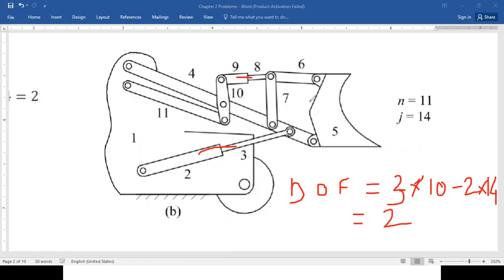Okay, so in general, because hydraulic cylinders are easy to control, in such systems like the excavator, we use them as actuators, and the degrees of freedom will be equal to the number of hydraulic cylinders that we have. Okay.